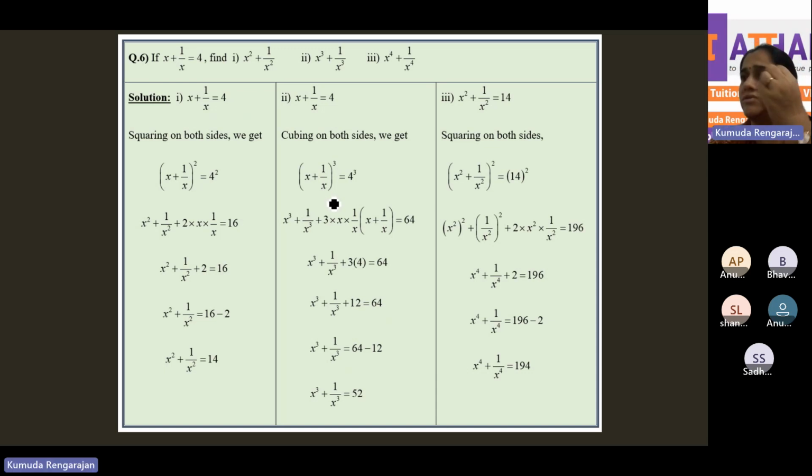So you can see here, this is a and this is b. a cubed plus b cubed plus 3 into a into b into a plus b is equal to 4 cubed, which is 64.